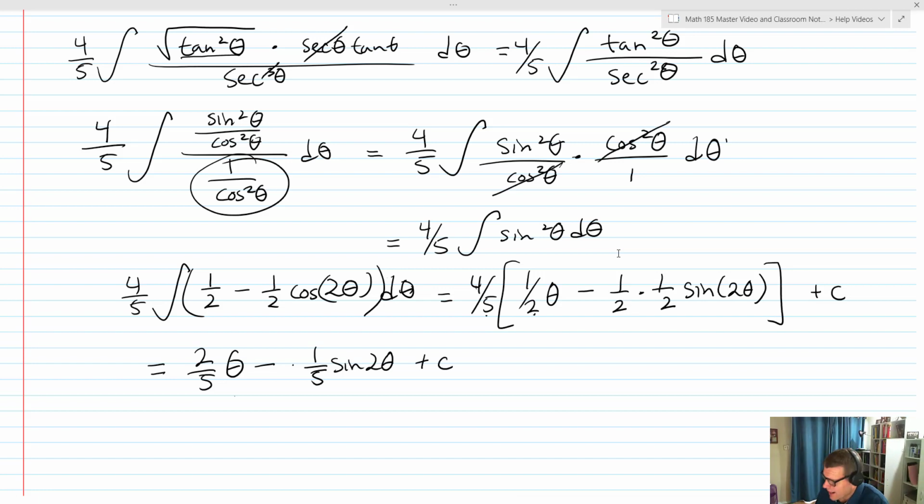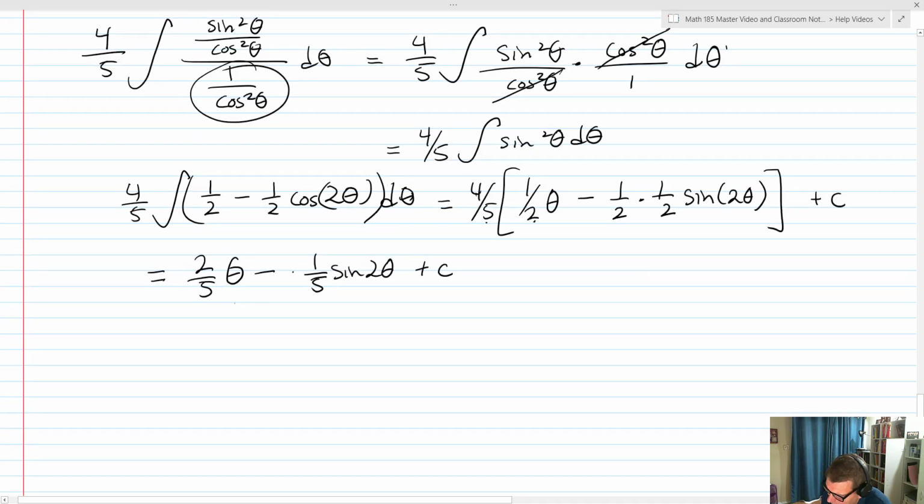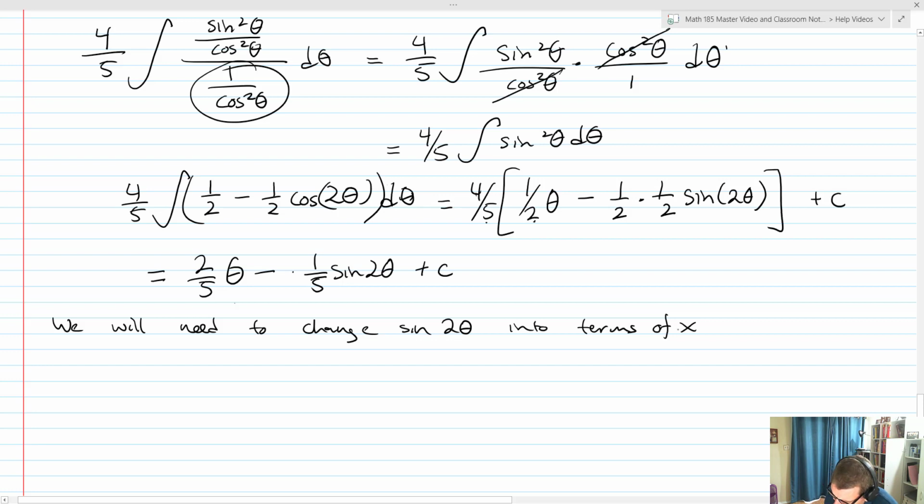But because it's a sine 2 theta, and we want to change theta into x, we will need to change sine 2 theta into terms of x. So I'm going to rewrite sine 2 theta equals 2 sine theta cosine theta.